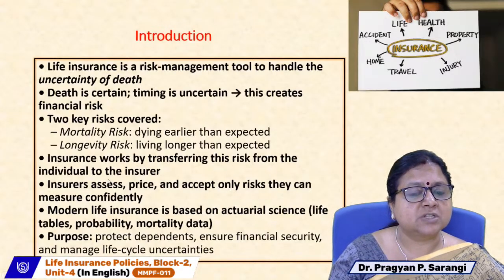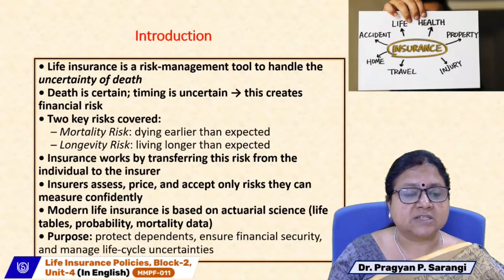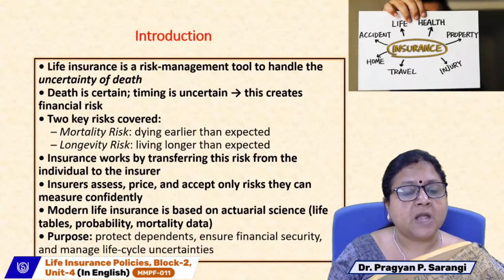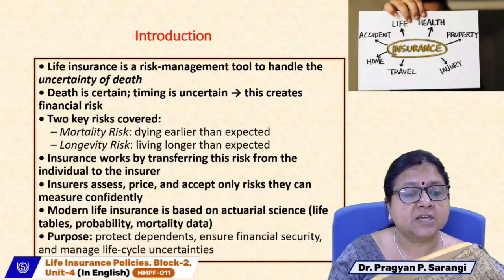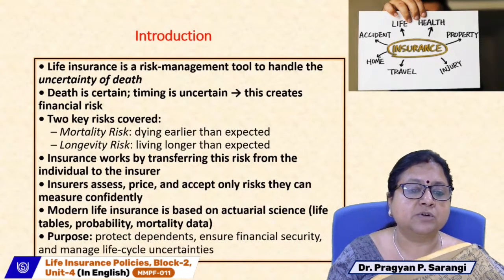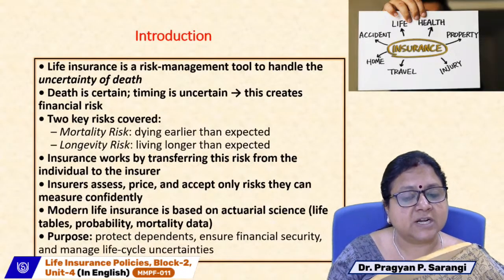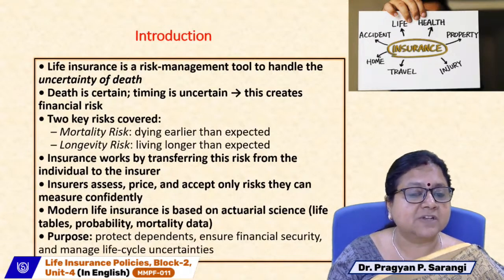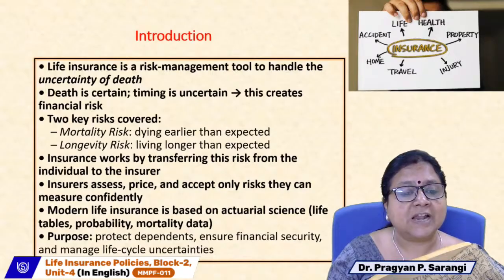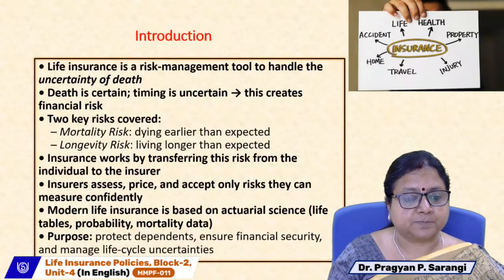Modern life insurance is based on actuarial science, which we have already discussed, like what can be the expected life cycle or life table for a particular person, and how probable it is that a person will be liable to an accident. Mortality data, everything they are calculating in numerical terms, and then they evaluate whether they are going to accept the life insurance proposal or not.